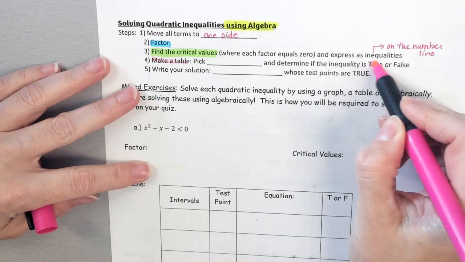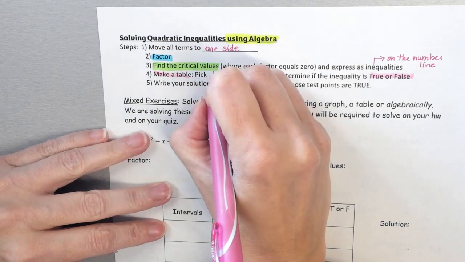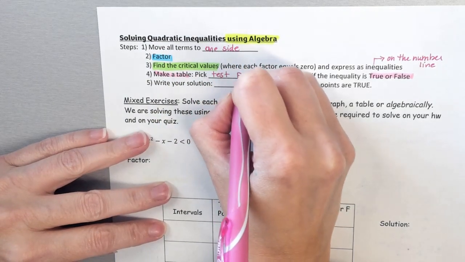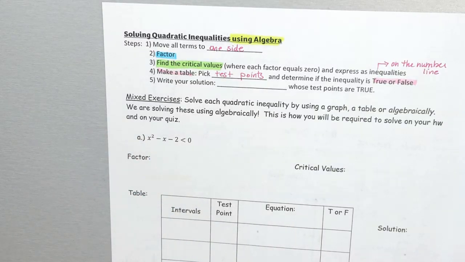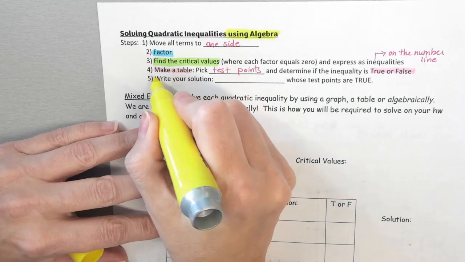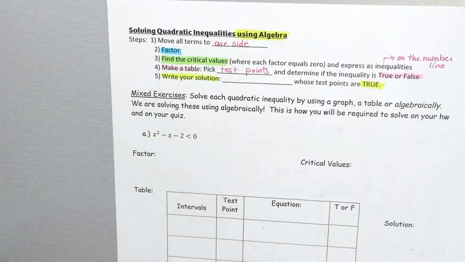And we have to determine if they're true or false. So we're going to pick test points and determine if they're true or false. And then your solution is going to be the intervals where the test points are true.